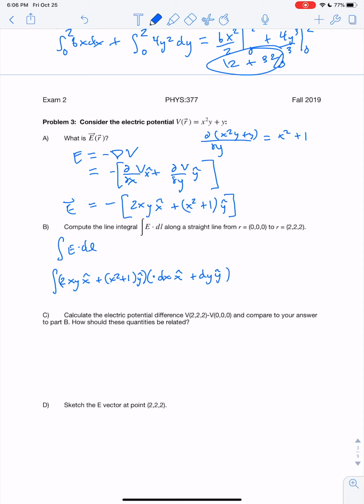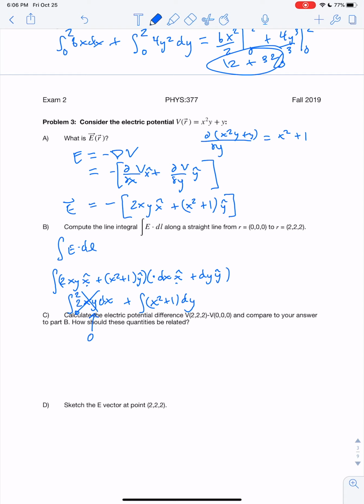No z hat again. So now we have an integral of 2xy dx, since the x's dot into each other and the y's don't. That's our first one, plus another integral of (x squared plus 1) dy. We're integrating from 0 to 2 along the x direction, where y is 0 during that time, so this whole integral is 0.